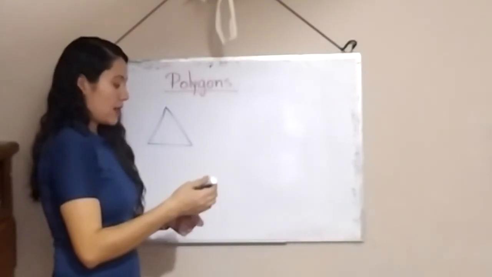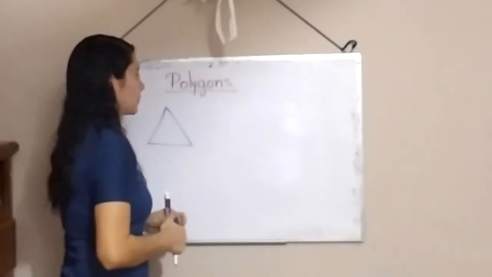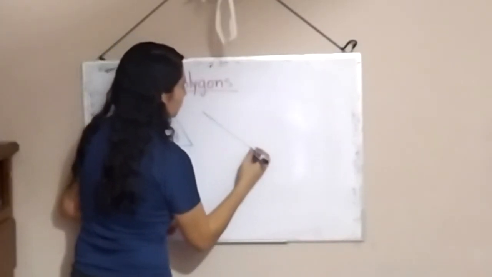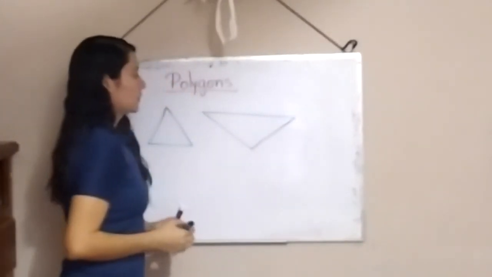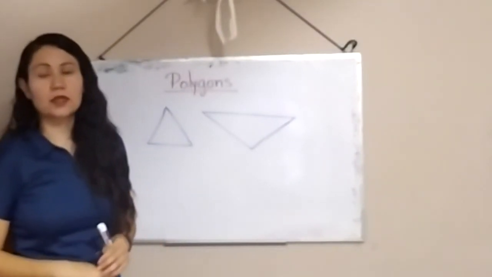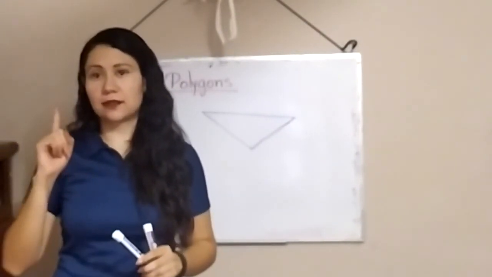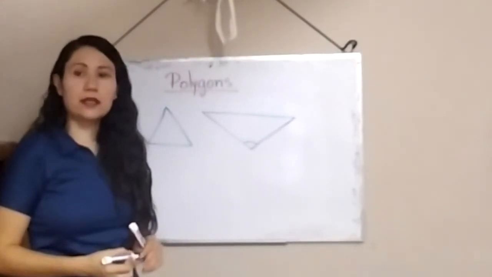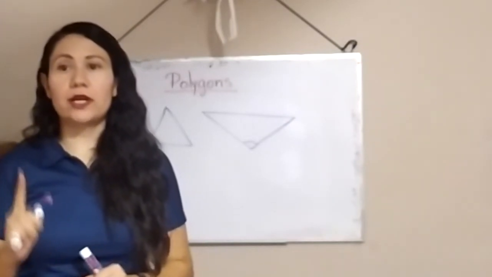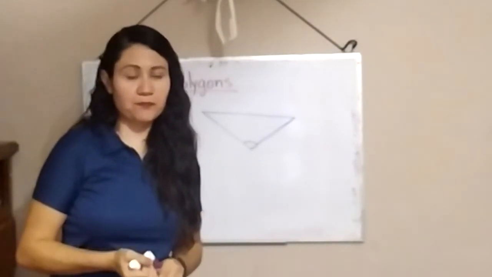Then we have an obtuse triangle, which would be a triangle that has one obtuse angle. Okay? One of their angles measures more than 90 degrees.